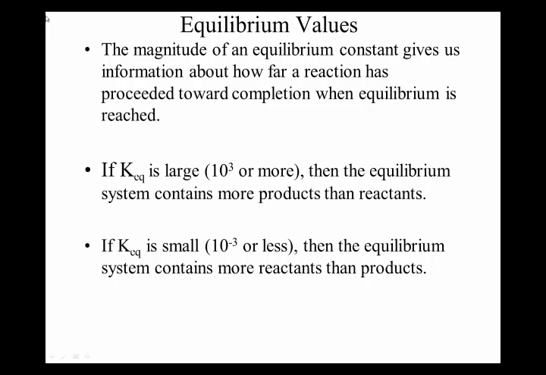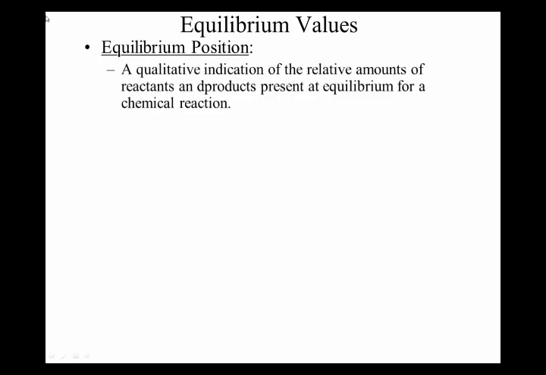So those numbers, for each reaction, are the equilibrium constant. We're going to talk about something called the equilibrium position, which is an abstract qualitative idea about the relative amounts of reactants and products, expressed in a different way.